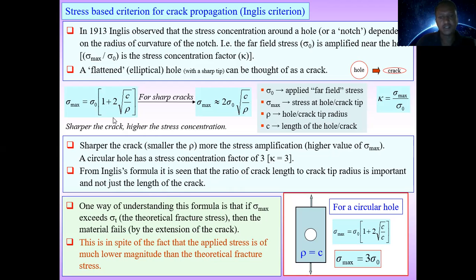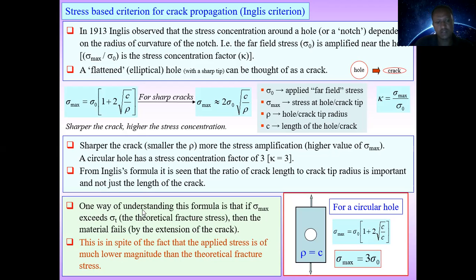So we can see here, for a circular hole, rho and C are equal, so C over rho is 1, 1 plus 1 is 2, plus 1 is 3 times sigma naught. Sigma max is equal to 3 times sigma naught.